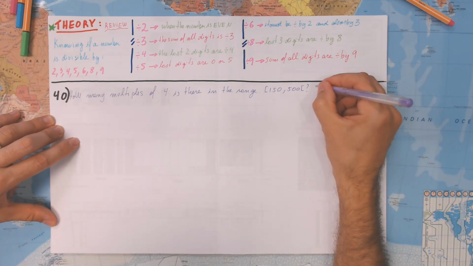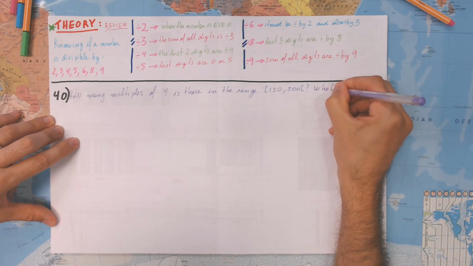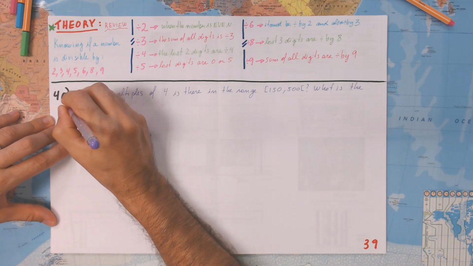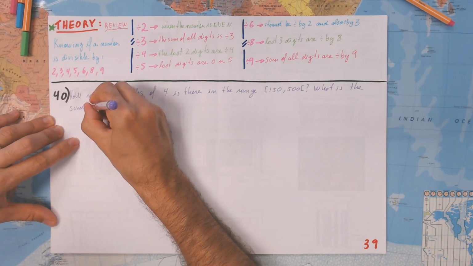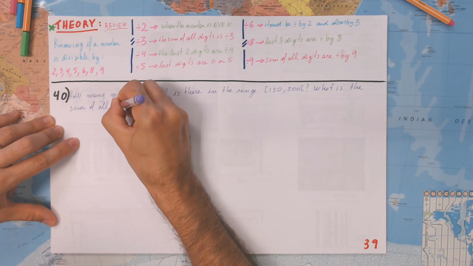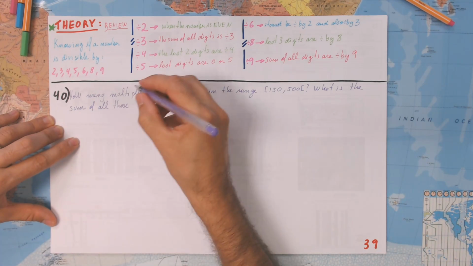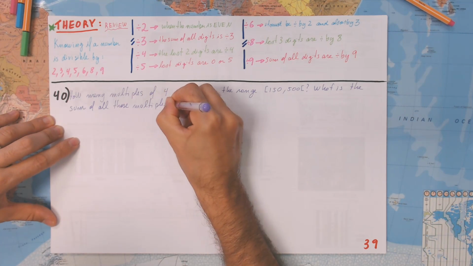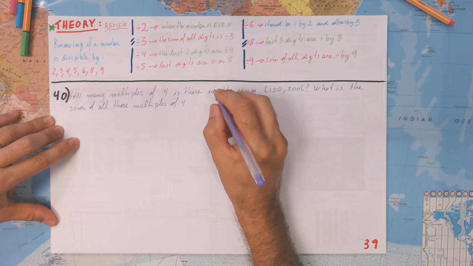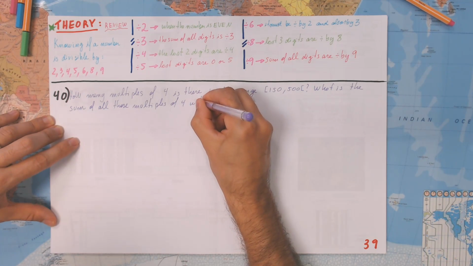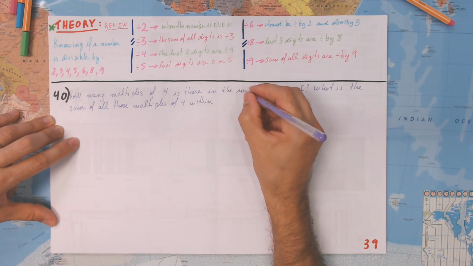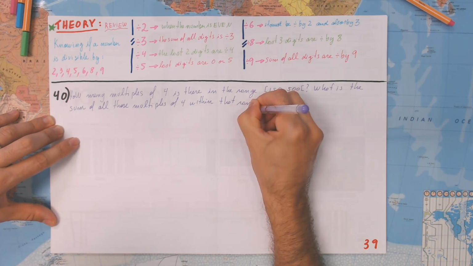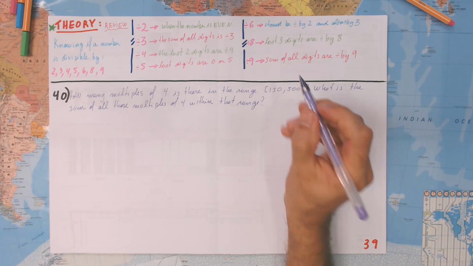What is the sum of all those multiples of 4 within that range? Okay, so this is the exercise.